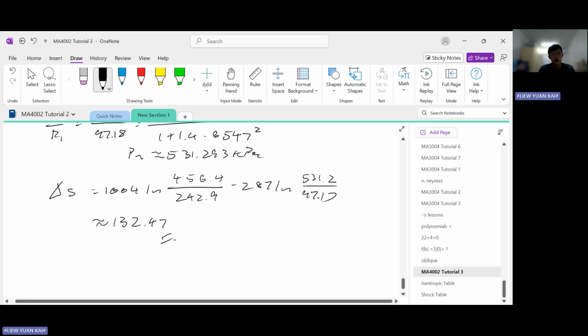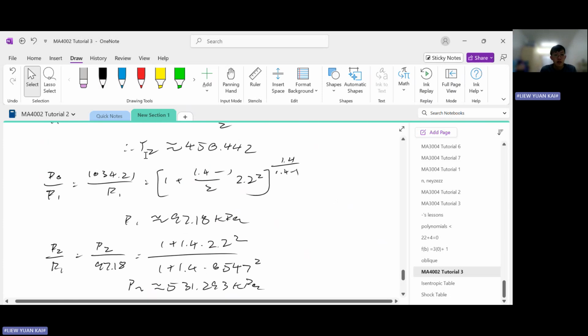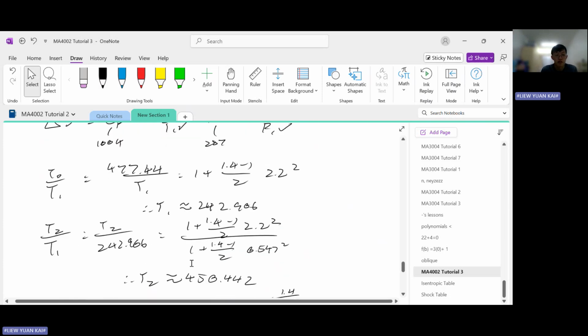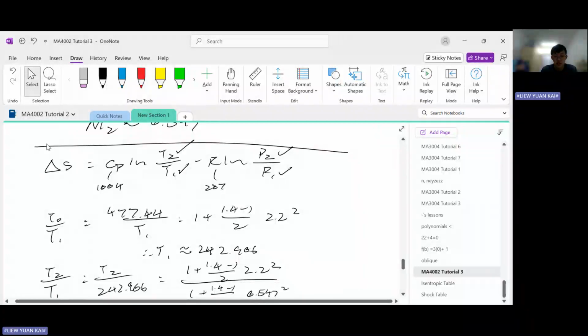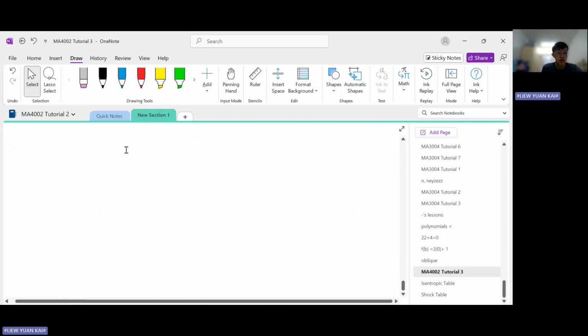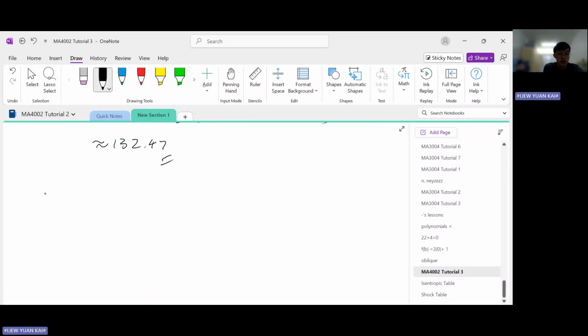Okay, this is in SI units. Okay, so this method was the long way of finding the entropy change. Is there a shorter way? And the answer is yes, and I strongly encourage you to use it from now onwards. So what is the shorter way of finding, sorry, not temperature change, but entropy change?